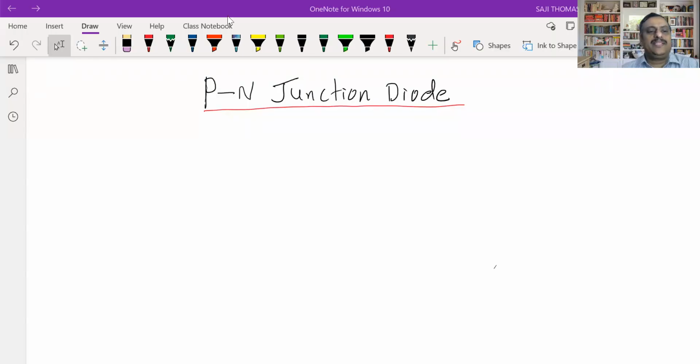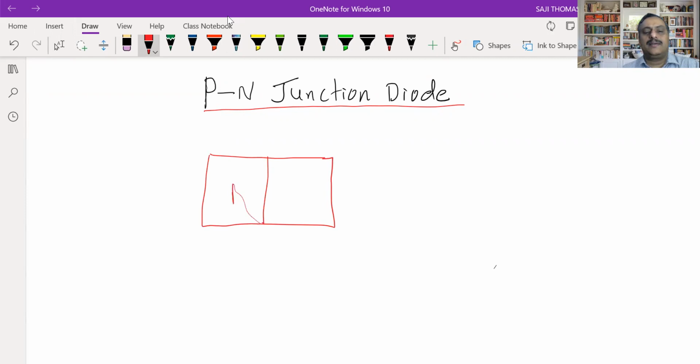So a PN junction diode, see, you know a PN junction, it has P section and the N section. P section, N section, other side.